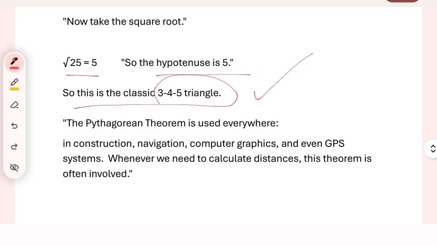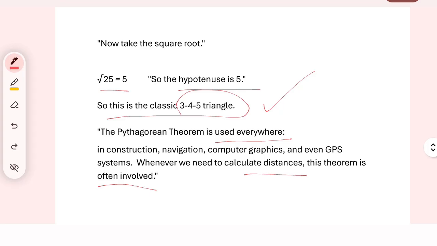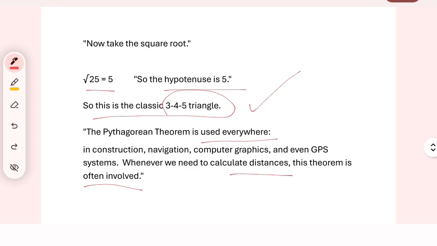So the Pythagorean theorem is actually used everywhere. It is used in construction, navigation, computer graphics, and even GPS systems. Whenever we need to calculate distances, this theorem is often involved. So that is what the Pythagorean theorem is and how it is used.